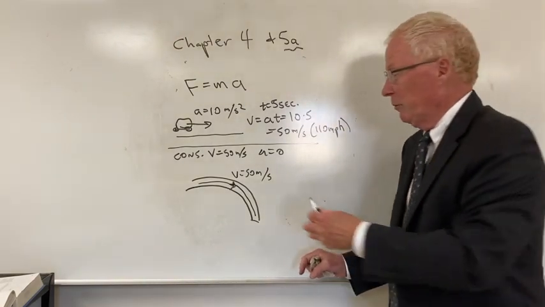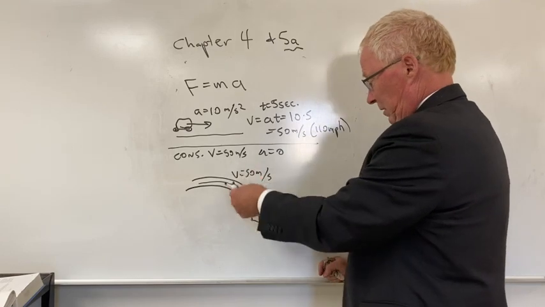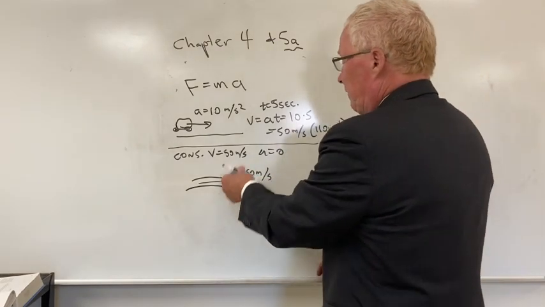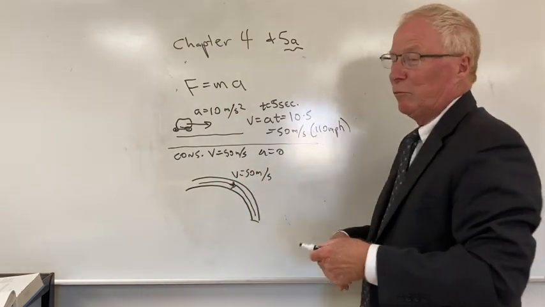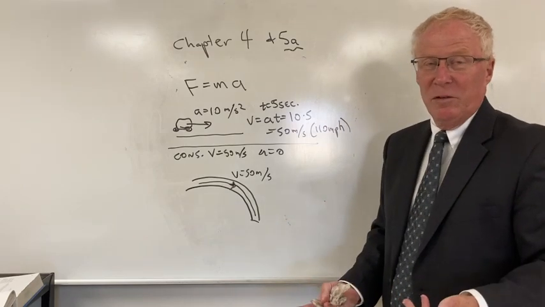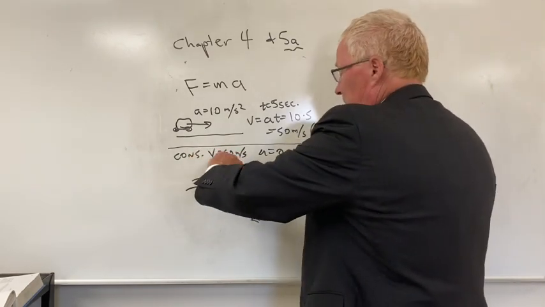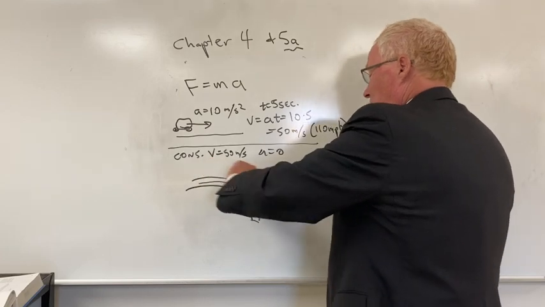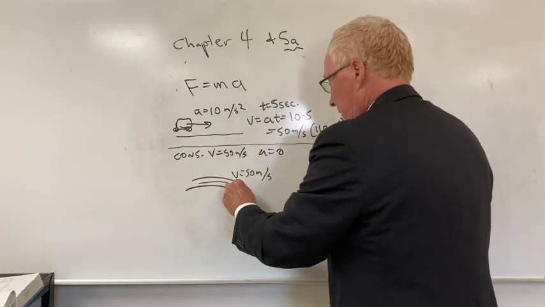You're feeling like you're being thrown outwards. This feeling of being thrown outwards is what we call centrifugal acceleration, because the car is forcing you inwards, but you want to go outward. You want to go straight.